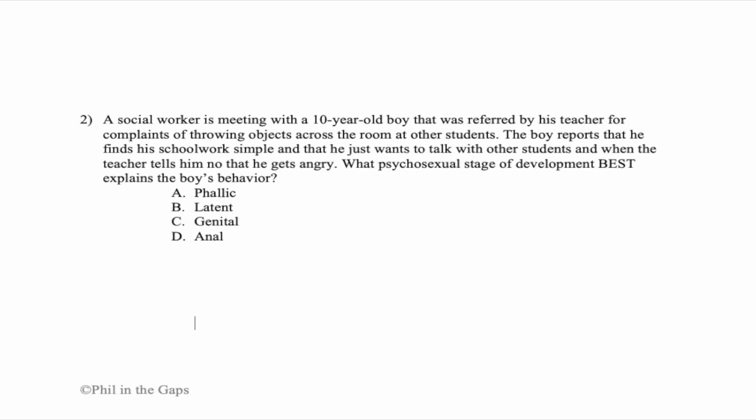What psychosexual stage of development best explains the boy's behavior? A, phallic. B, latent. C, genital. D, anal. And when you have your answer, type the word Michigan in the chat.